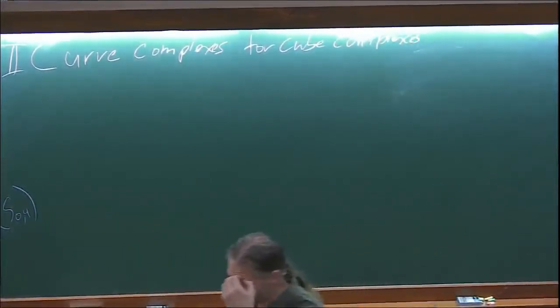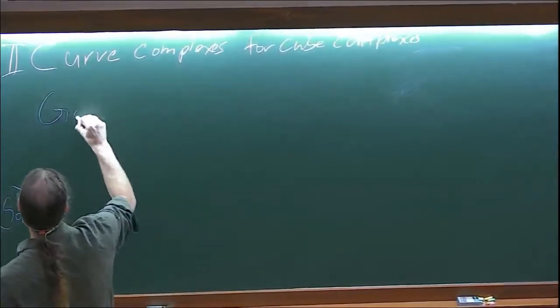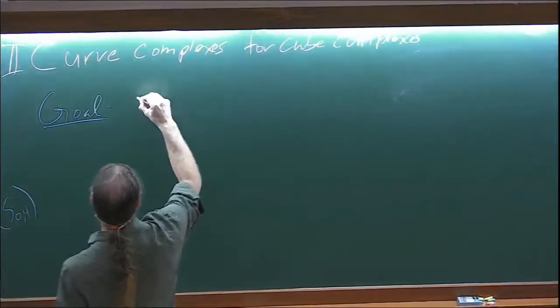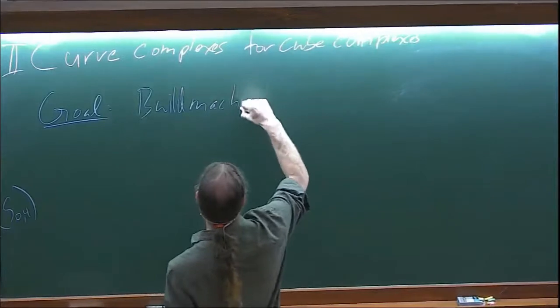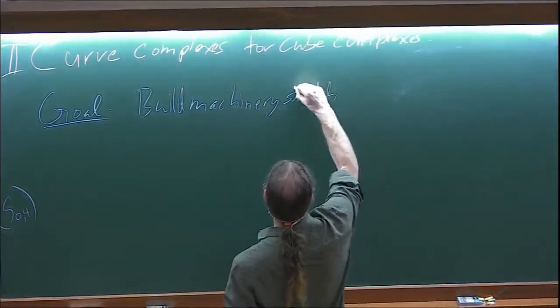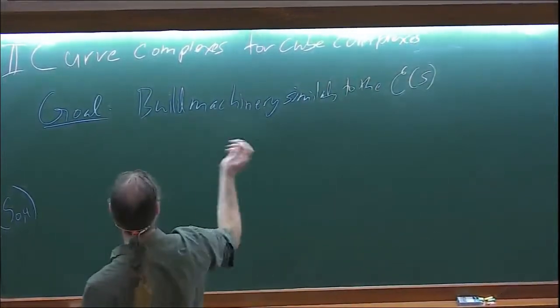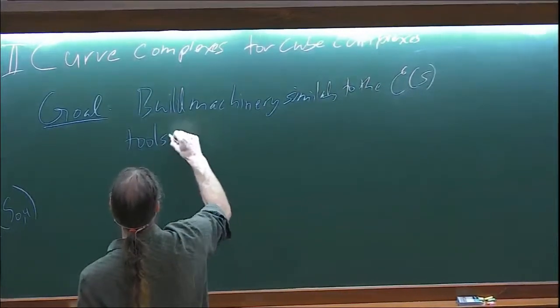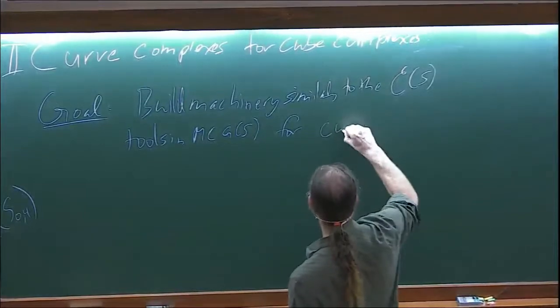So what I want to do is build an analogous theory to what works in the mapping class group for cube complexes. So the goal is to build machinery similar to the C of S machinery, the C of S tools in the mapping class group, for cube complexes.